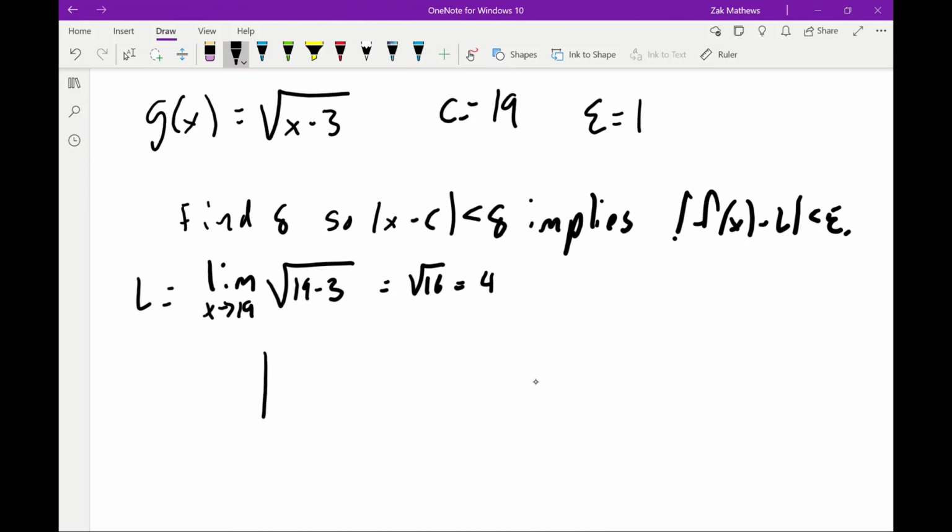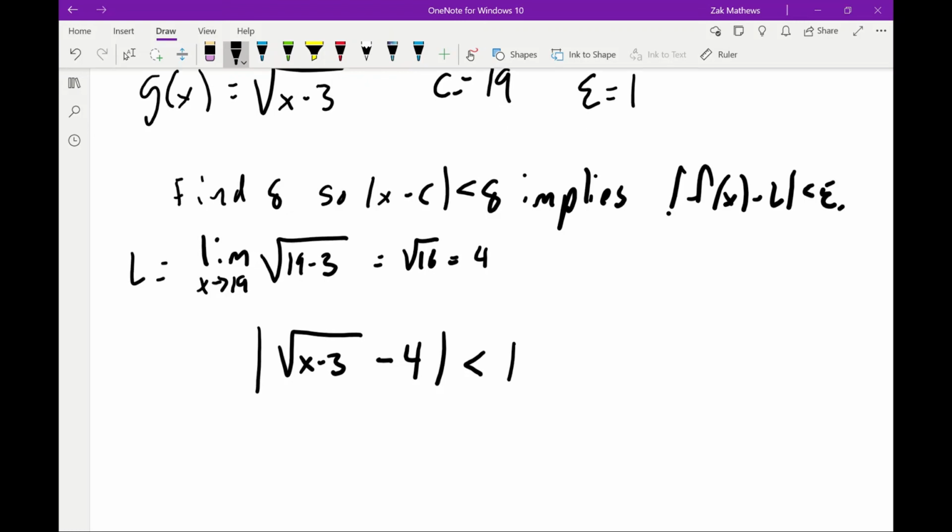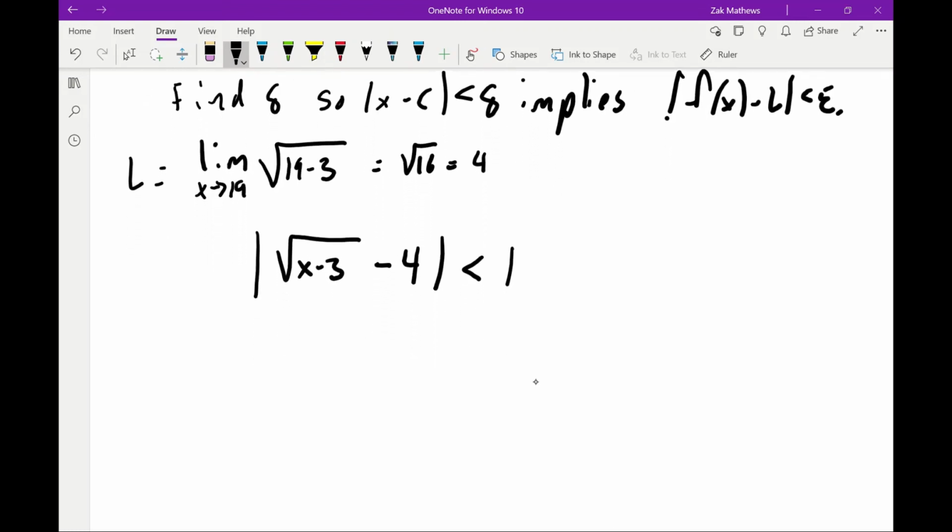What we're saying is that the function value minus that 4, that better be less than the epsilon value of 1. So if I set up my two-sided inequality, we'd have the square root of x minus 3, minus 4, in between negative 1 and 1 once we drop those absolute values.